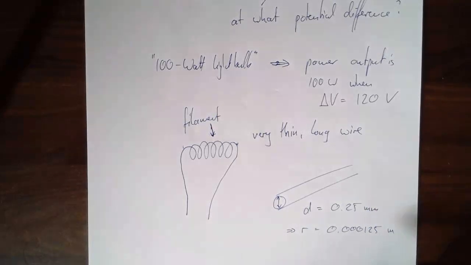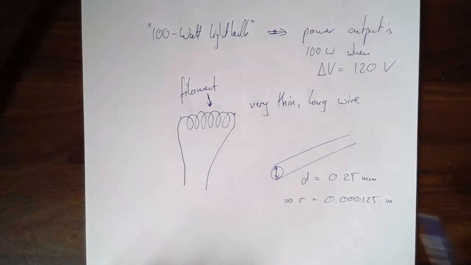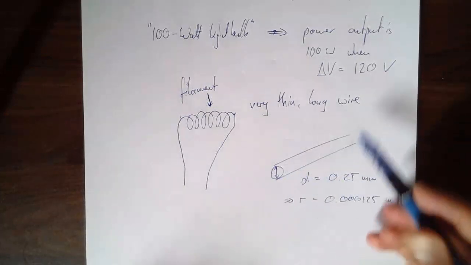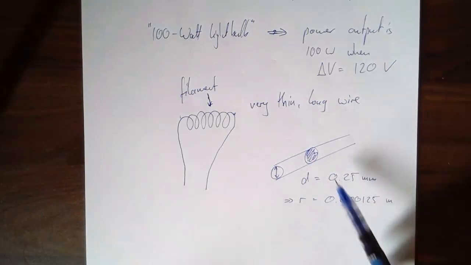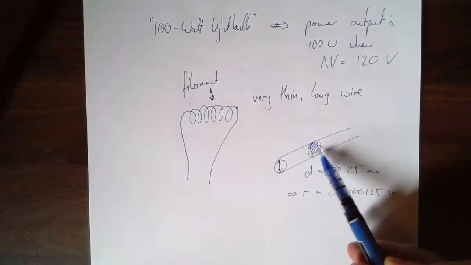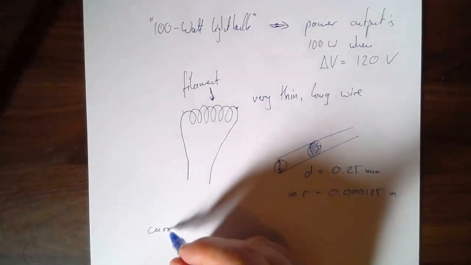I convert it to meters. So we've got the current, we've got the radius, and therefore the cross-section. So I can ask, how much current do I get per area? That's my current density.